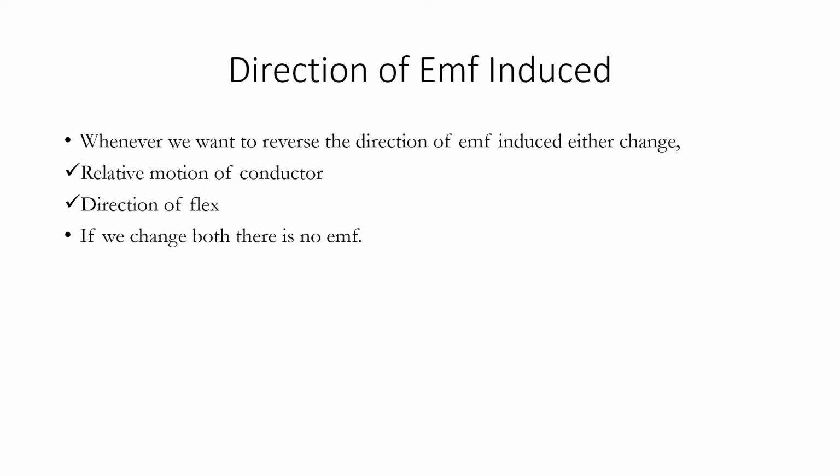Whenever we want to reverse the direction of EMF induced, we have to change either the relative motion of the conductor or the direction of the flux. Any one we have to change in order to reverse the direction of the EMF. If we change both, there is no change in the EMF across your conductor.